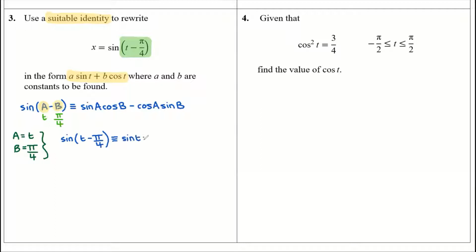sine t cosine of pi over 4 subtract cosine t sine of pi over 4. So that's that. Now, what we have here is a coefficient of sine t, which is a number we can write in a slightly different way.